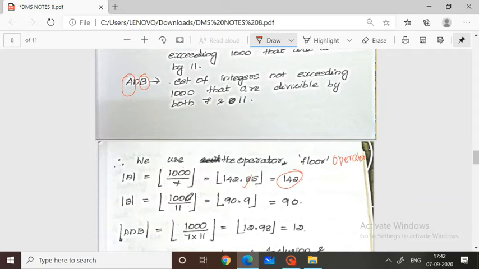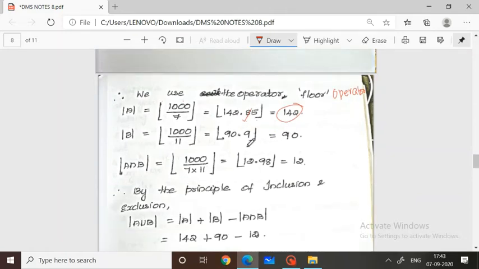Now floor of 1000 divided by 11, which is 90.9, equals 90. Next, |A intersection B| is floor of 1000 divided by 7 times 11, that is floor of 12.98, which equals 12.